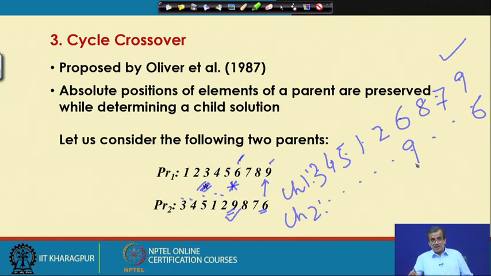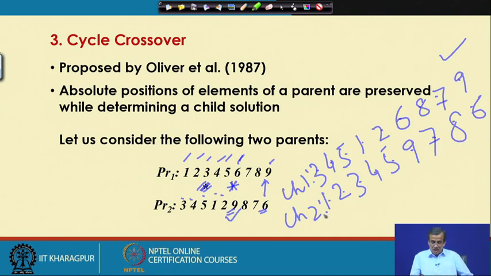So, that completes the cycle and the remaining vacant positions are to be filled from parent 1. Now, city 1 will come here, then 2 will come here, then comes 3, then comes 4, then comes 5, this is filled up, then 7, 8.